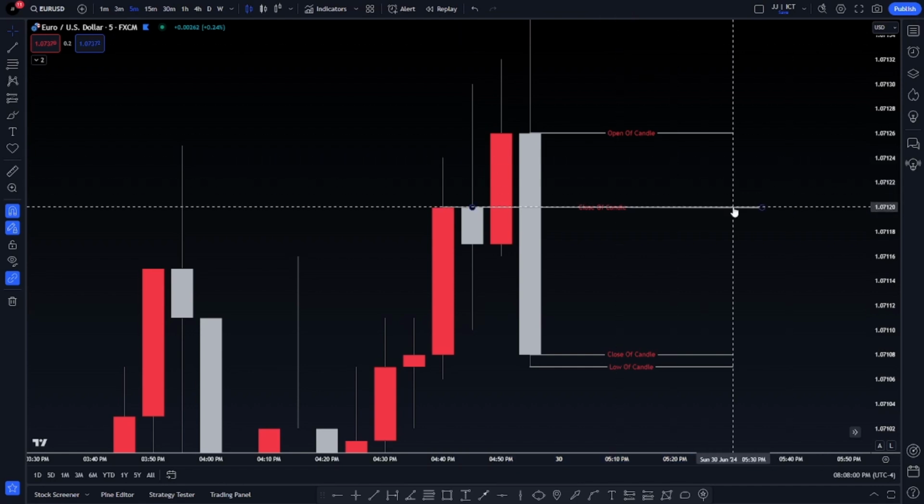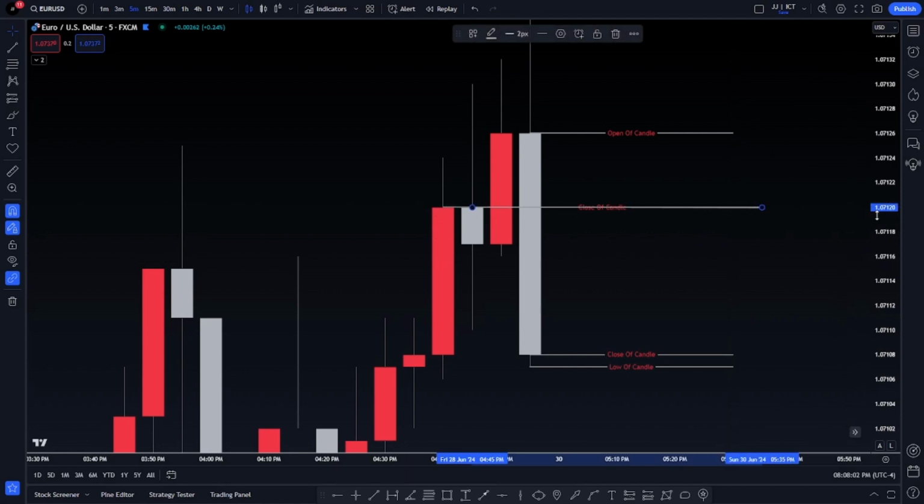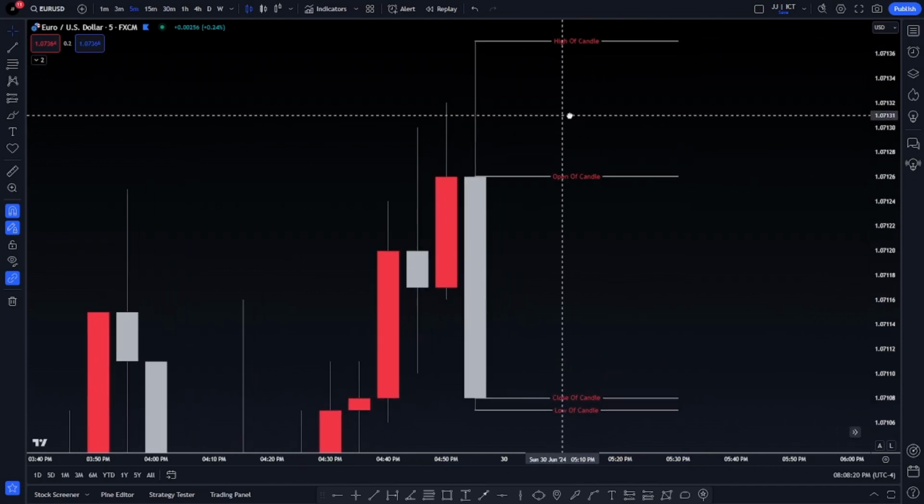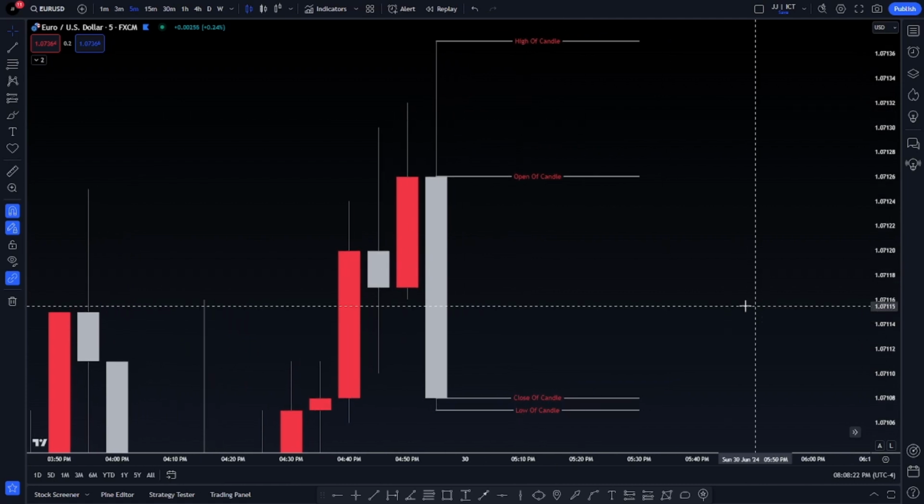So you see right here, 1.07120. Those are the same prices. So this bullish candle closed and this bearish candle opened, and they opened what? At the same price, which is 1.07120. See that? So now let's go back to our original candle we were analyzing.